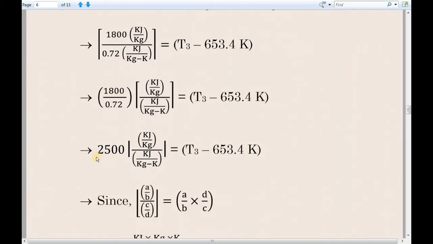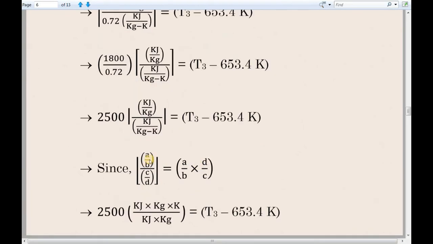So the next step will be 2500 into kilojoule per kg whole divided by kilojoule per kg Kelvin is equal to T3 minus 653.4 Kelvin. We know that A by B whole divided by C by D is A by B into D by C. So apply this formula on the term kilojoule per kg whole divided by kilojoule per kg Kelvin.